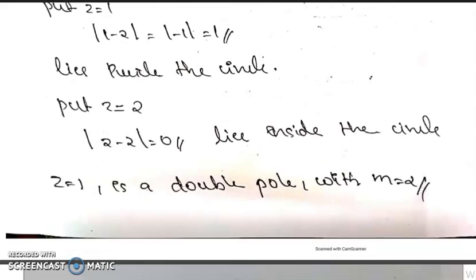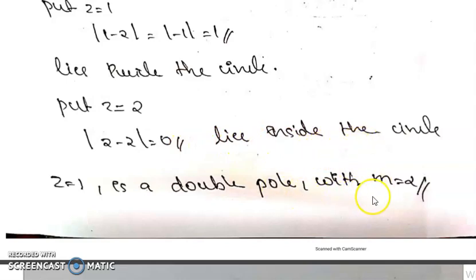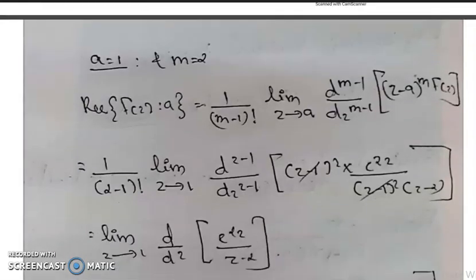In the other case, you get 0, which is also less than the radius, so again it lies inside. So both the points lie inside. The first point is a double pole, the second point is a single pole. So find the residue.